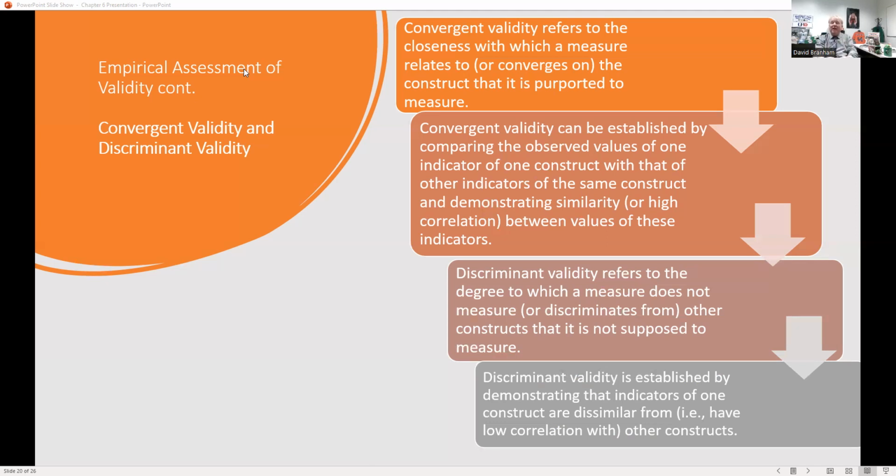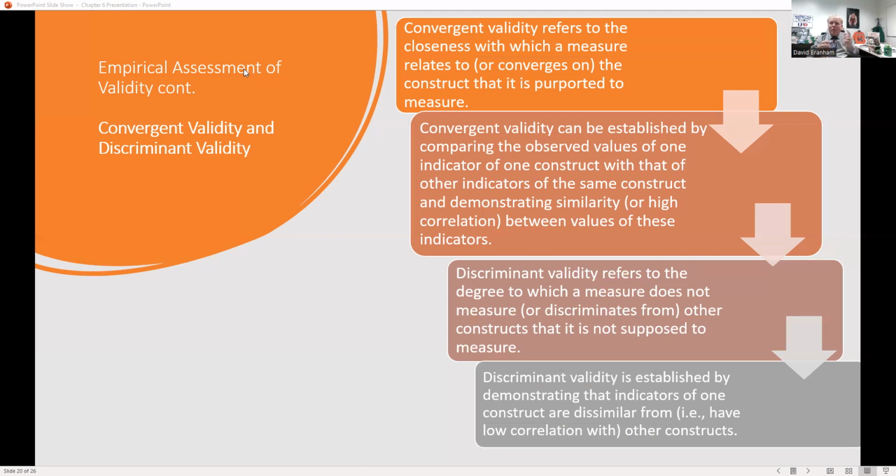Convergent validity can be established by comparing the observed values of one indicator of one construct with that of the other indicators of the same construct. Take the intelligence questions. One question would be one indicator, the rest of the questions would be the other indicators.